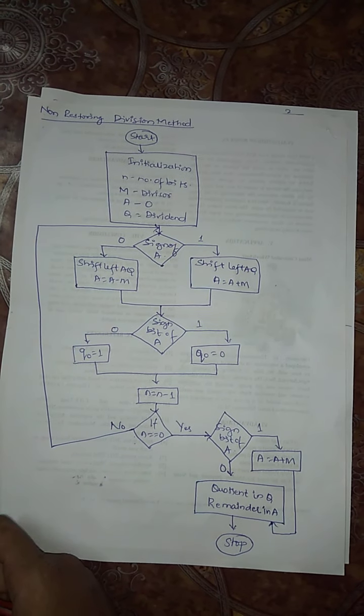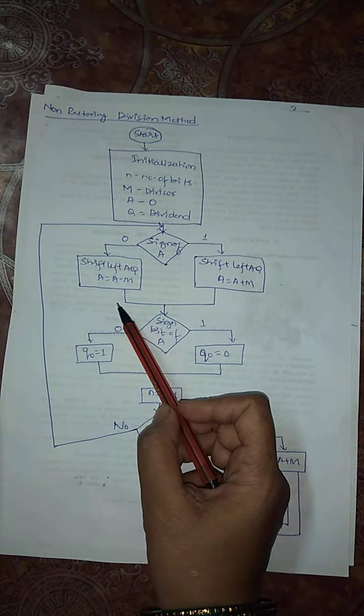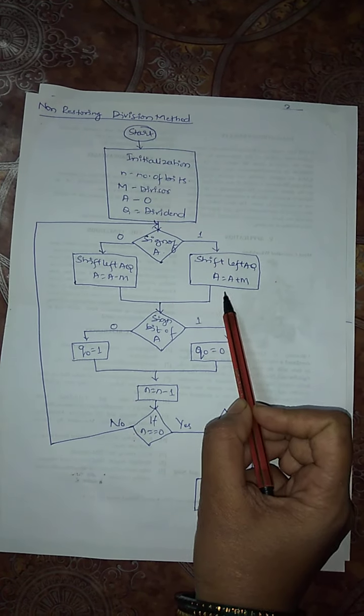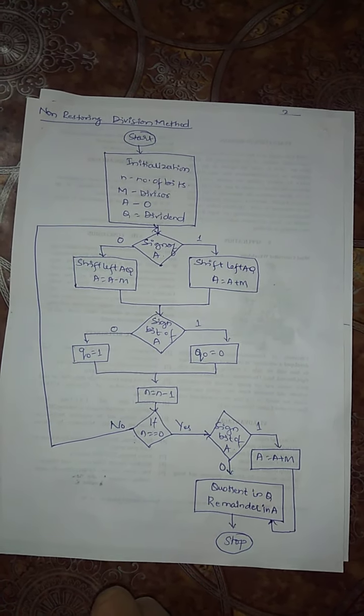After the shift left, if it is 0, then A is equal to A minus M. If it is 1, then A is equal to A plus M.